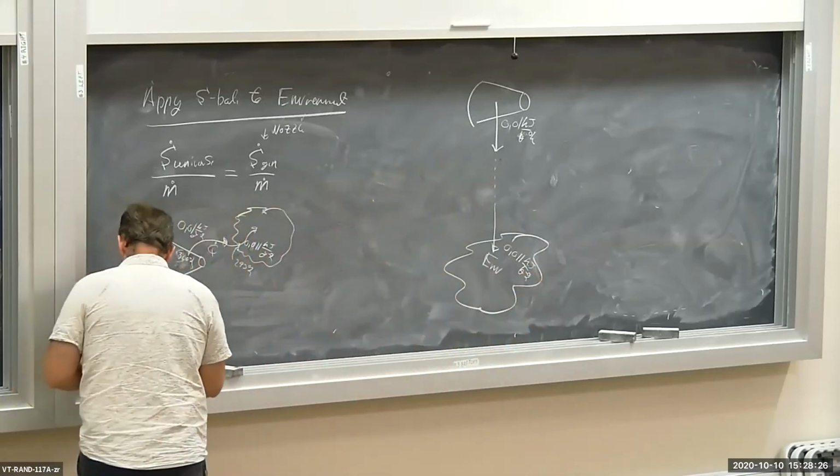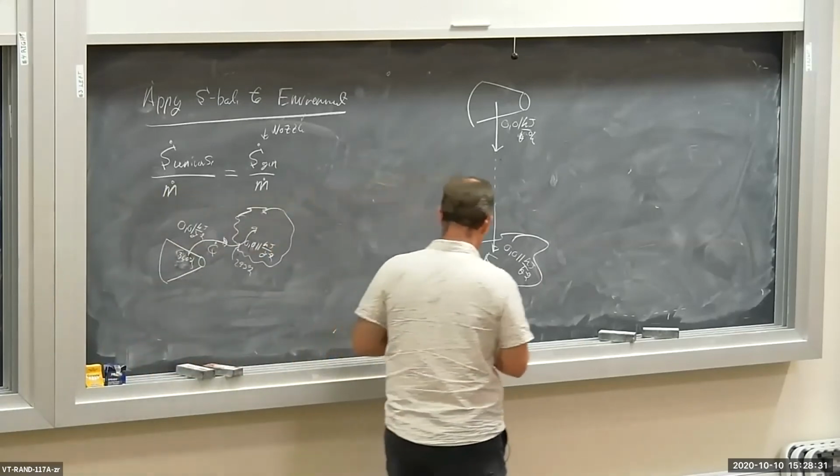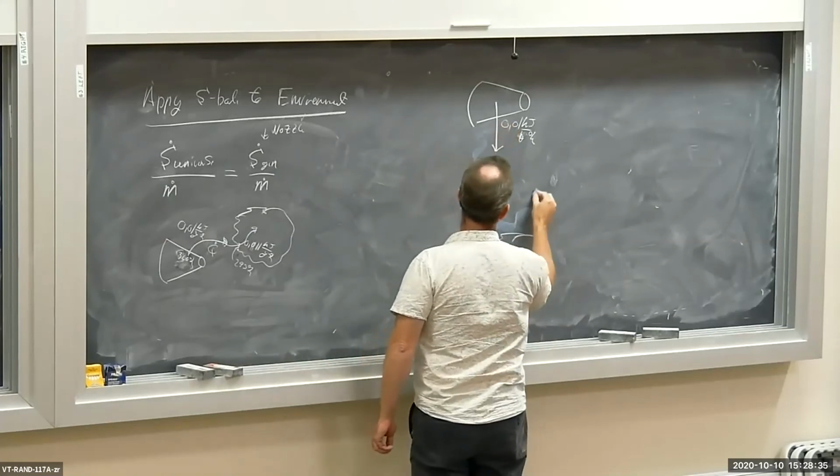And in between is my buffer region, or my boundary between the two systems. So I got this buffer region right here.